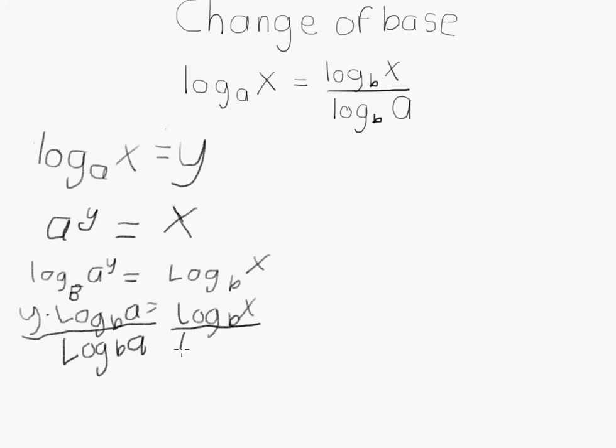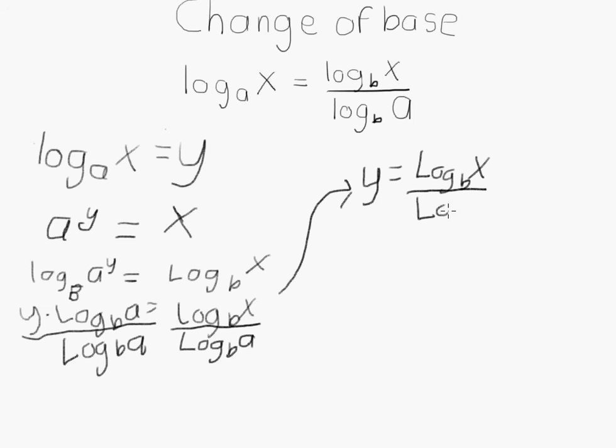Come over here and do the same thing: log base b of a. Okay, and the left side is now y, set equal to log base b of x over log base b of a in this case.